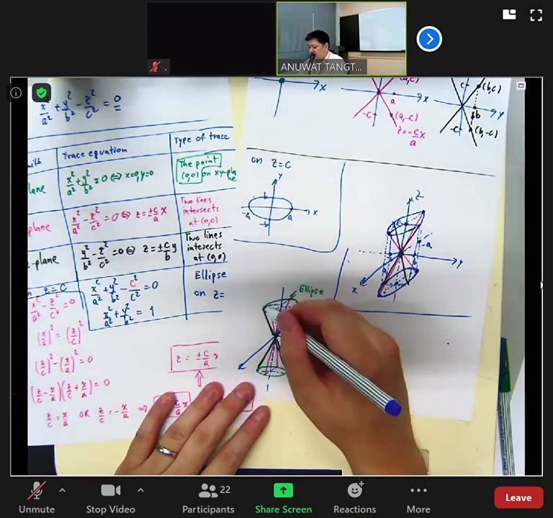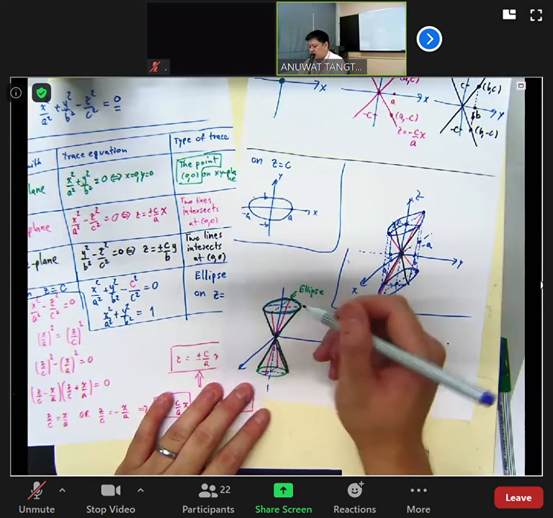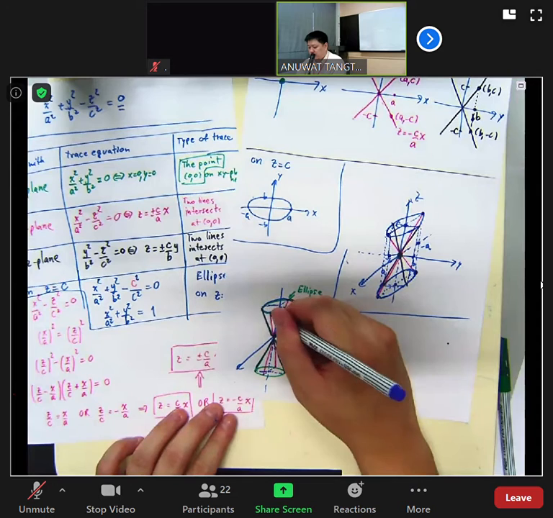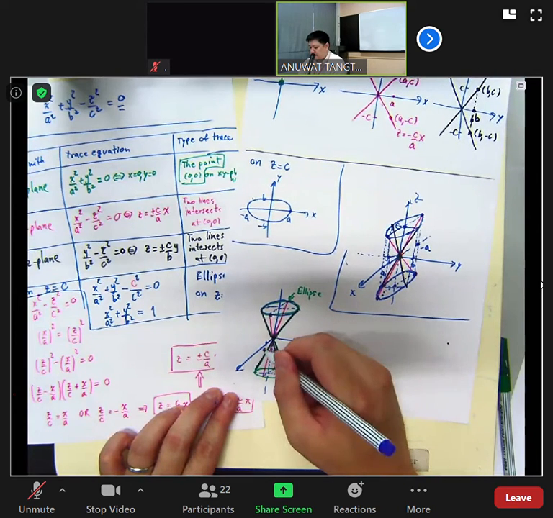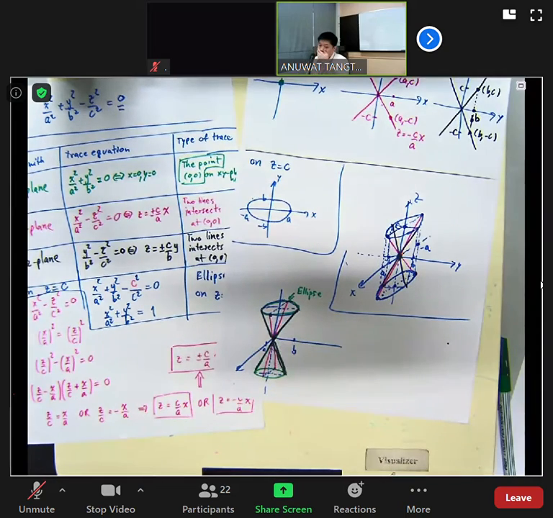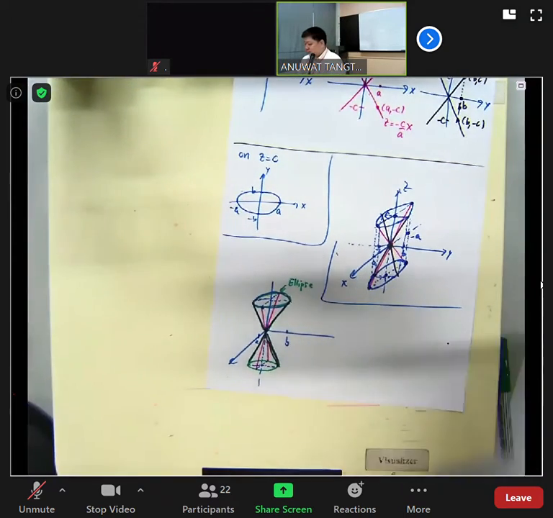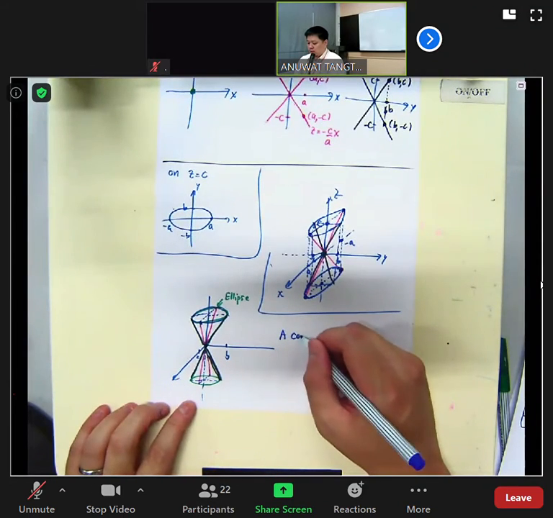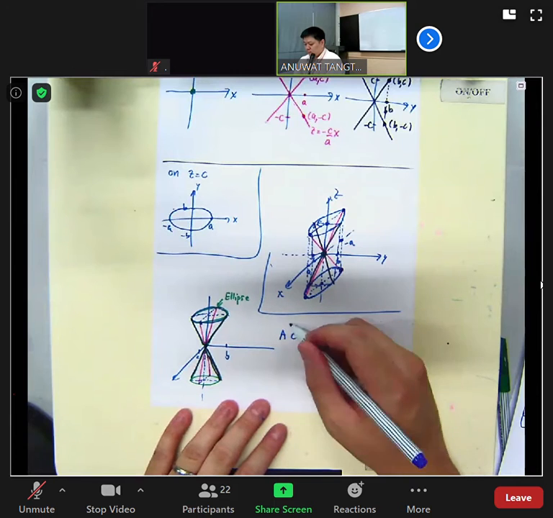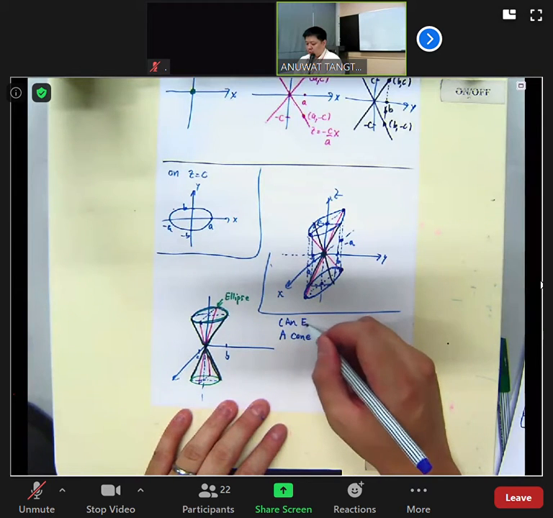And the blue one here would be an ellipse. This is the point A. This is B. Okay, that's the best graph of a cone I can draw now. So this is what we call a cone, or we can say an elliptic cone.